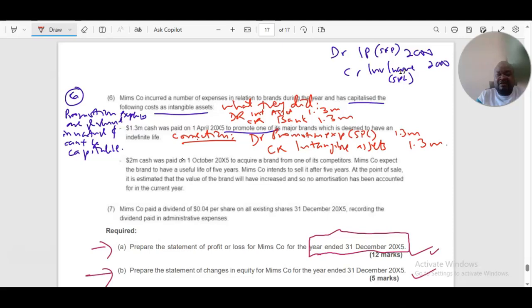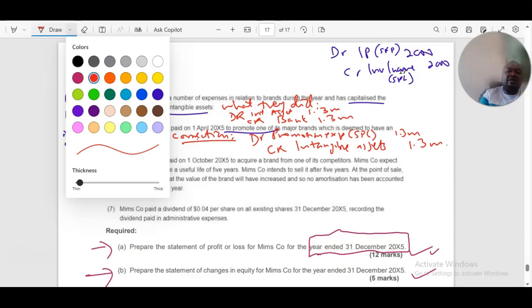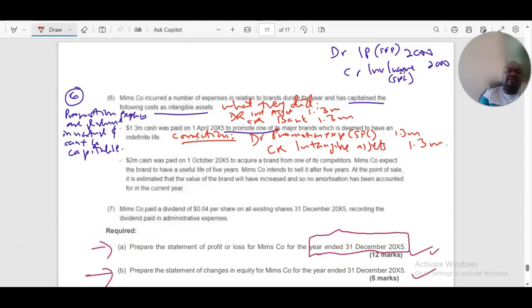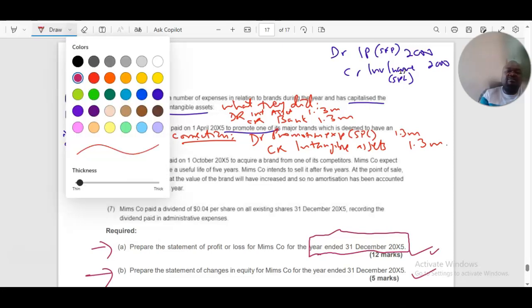At the point of sale, it is estimated that the value of the brand will have increased, and so no amortization has been accounted for in the current year. So that's another head scratcher we need to deal with. Okay, we need to deal with that because it's actually something typical.